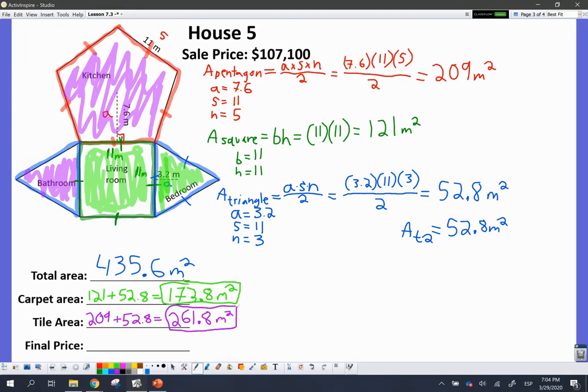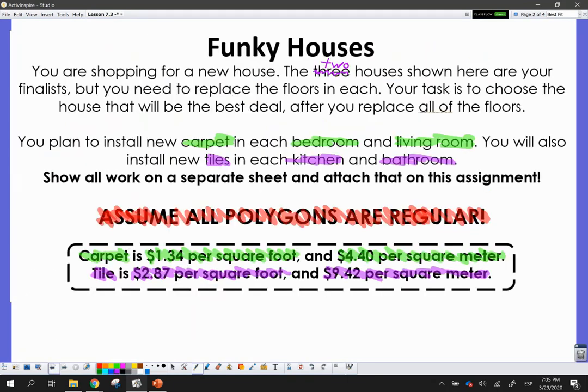So the last thing we need to do is find the final price of my house. In order to do that though, I need to consider the sales price of my house and then the price of all of the floors that I'm going to fix. Now, in order to find the price of the floors, I need to take into account how much it costs to replace each square meter of floor.